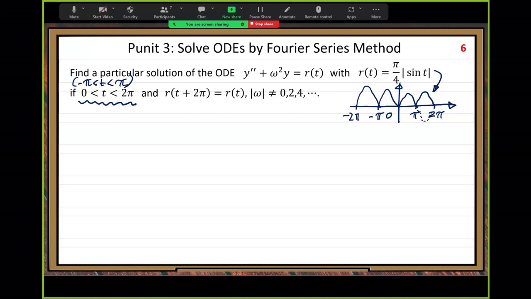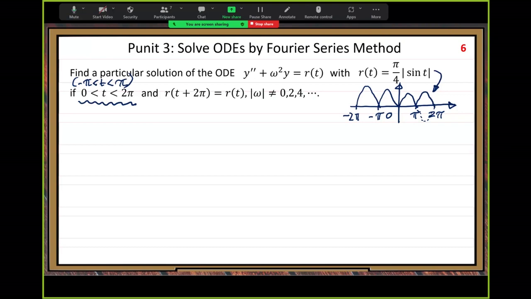Pick the right formula. My question is, you need to pick the simplest formula. We have the general formula, and you can use it, but pick the simplest version. Remember, we spent a lot of time considering two cases, even function and odd function, because we can cut our computation by half.